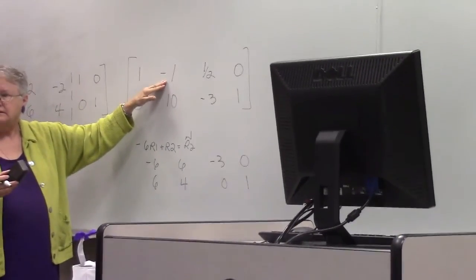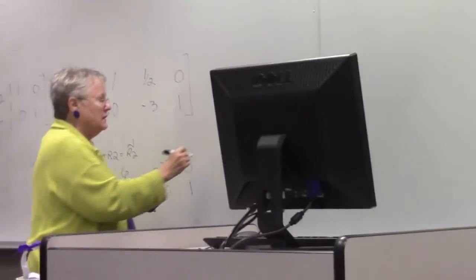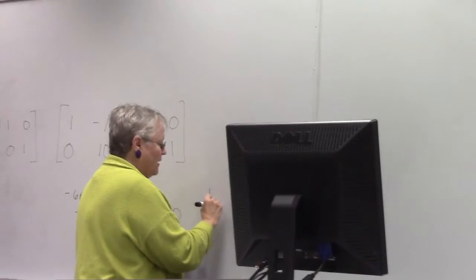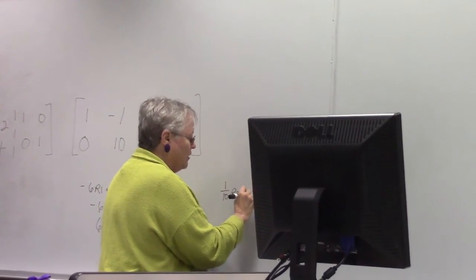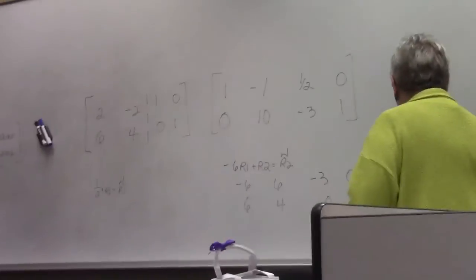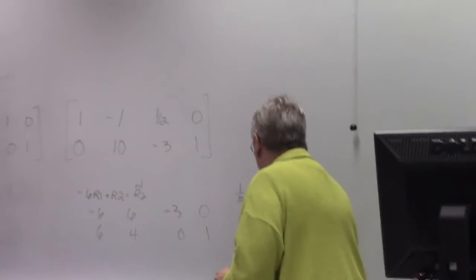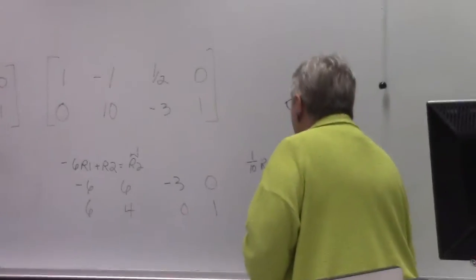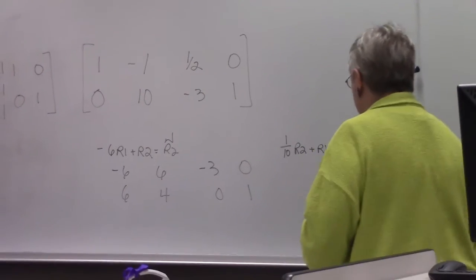1/10 of row 2. Okay, take 1/10 times row 2 plus row 1 equals a new row 1. Does everybody see that when I do that, I'm going to have 0, 1, -3/10, 1/10, and I'm going to add row 1: 1, -1, 1/2, 0.